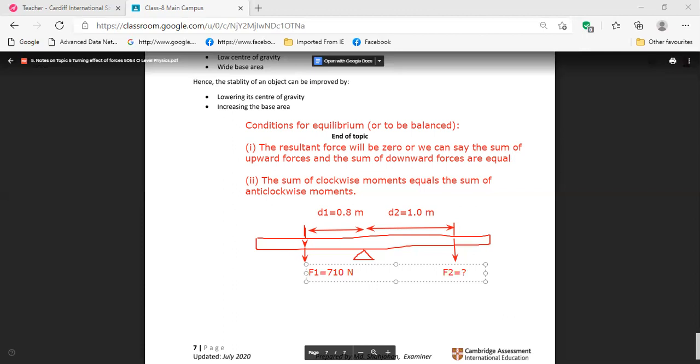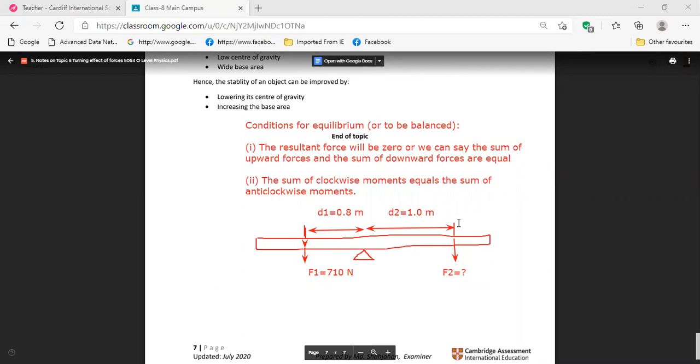Okay, F2. We have to find F2. Now, conditions for equilibrium. The second condition: the sum of clockwise moments equals the sum of anti-clockwise moments. The left side is creating an anti-clockwise moment, where Anmol is sitting, and Taki, sitting on that side, is creating a clockwise moment.